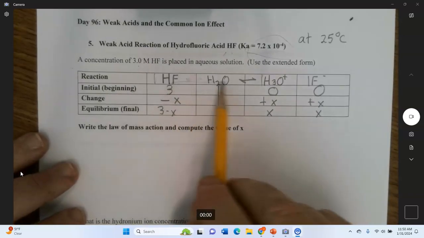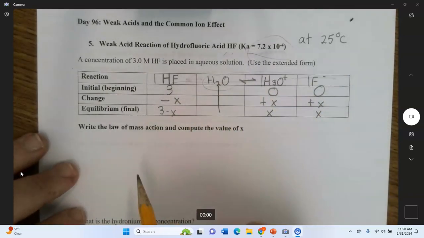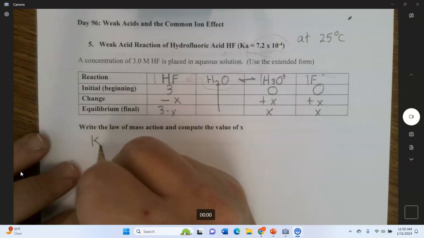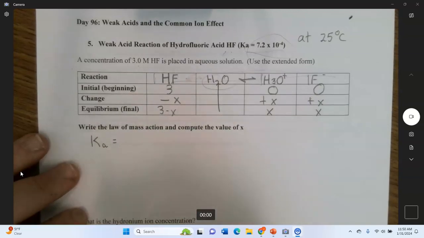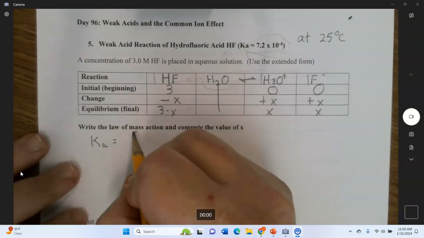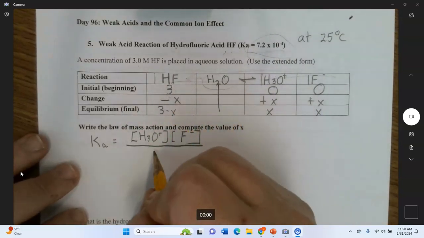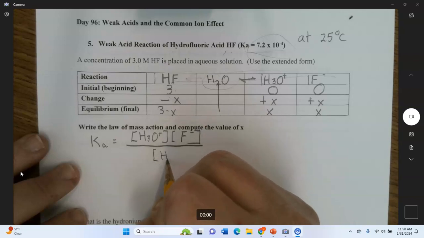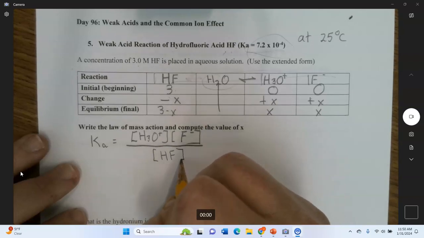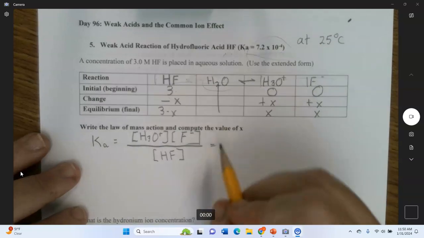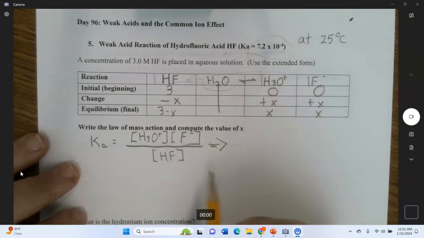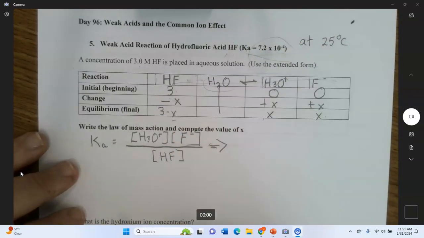Now we write the law of mass action for this reaction. We don't include water. So it looks like this. The acid dissociation constant equals the products on the top over the reactants on the left side. Without water, it's just HF. Now we can plug in our expressions there.